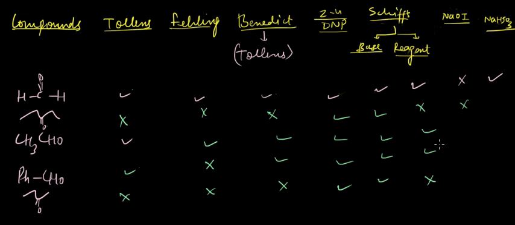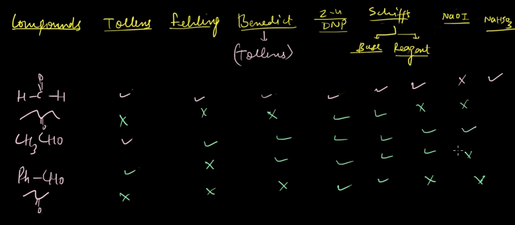Oh, sorry, not 2 hydrogen, it should have 3 hydrogen, because all the 3 hydrogens of the alpha carbon will be replaced by the X or the halogen atom. So it will not be possible for this. Again, for this compound it is not possible. For benzaldehyde again it's not possible. For CH3CHO it is always possible.